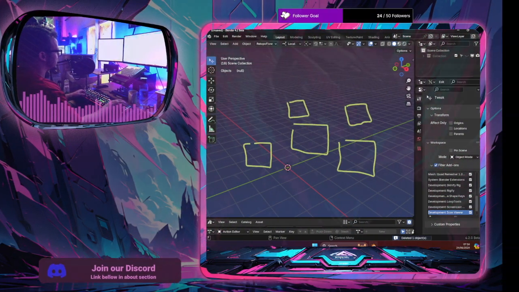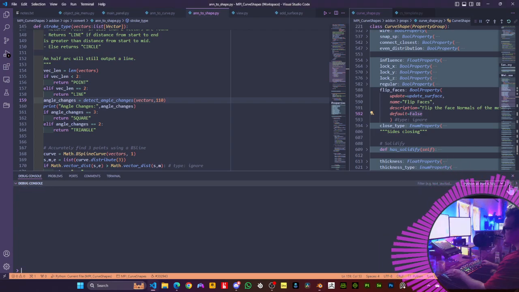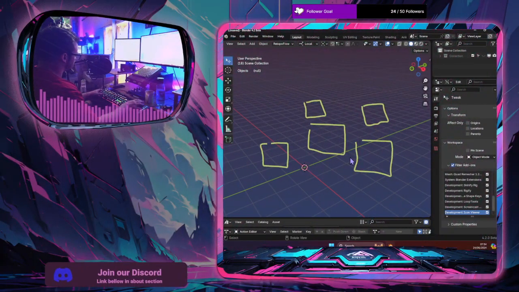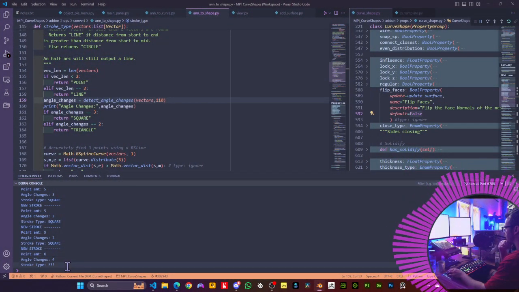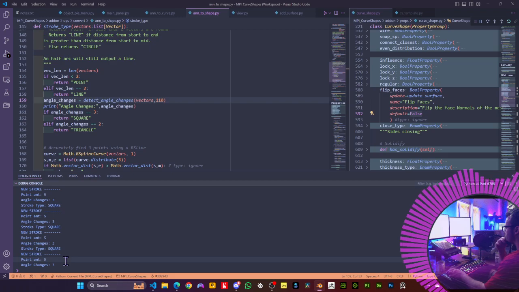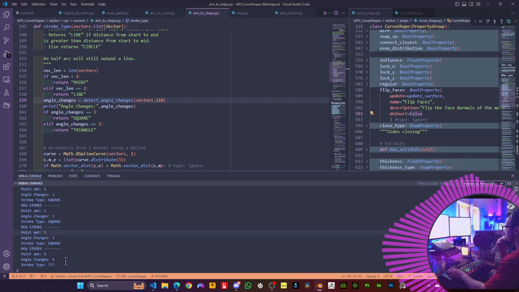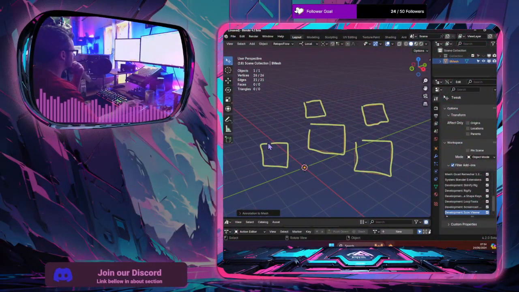Just clear all that, clear this. Yeah, now I start getting some issues because one of them is like, oh, I got 4 angle changes. Oh, that's that crazy one, the last one. So do not draw squares like this, I guess.